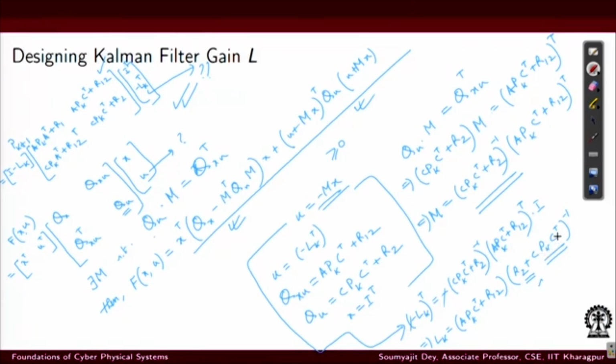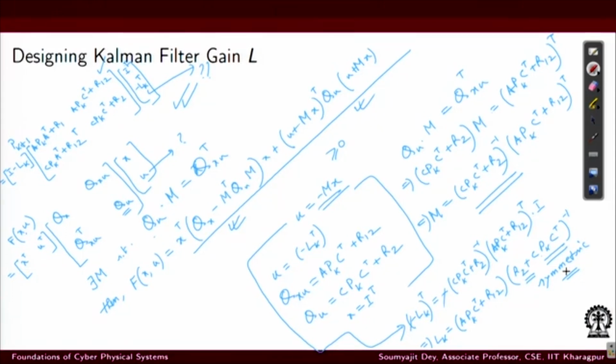So, this is a quadratic form, and this quadratic form will also be symmetric, and so they remain invariant under the transpose operation. So, that is what we have, right.